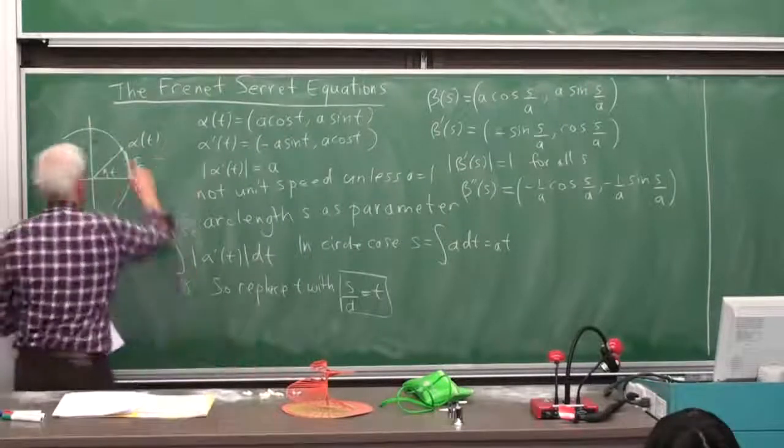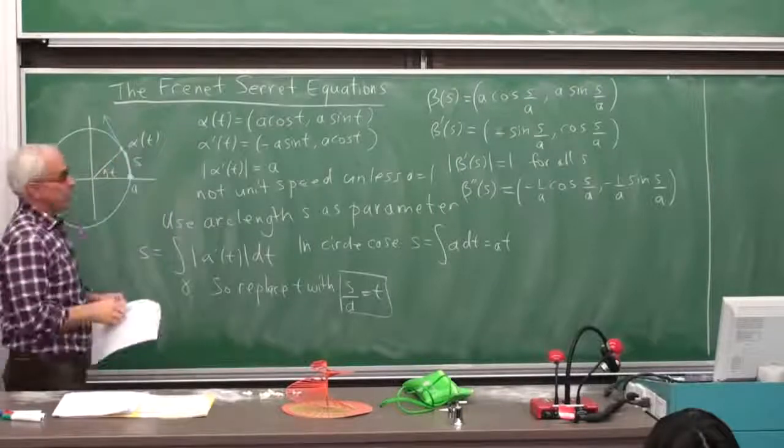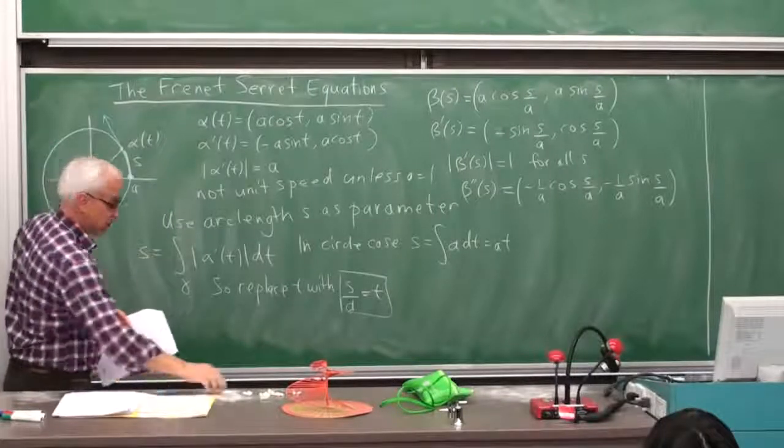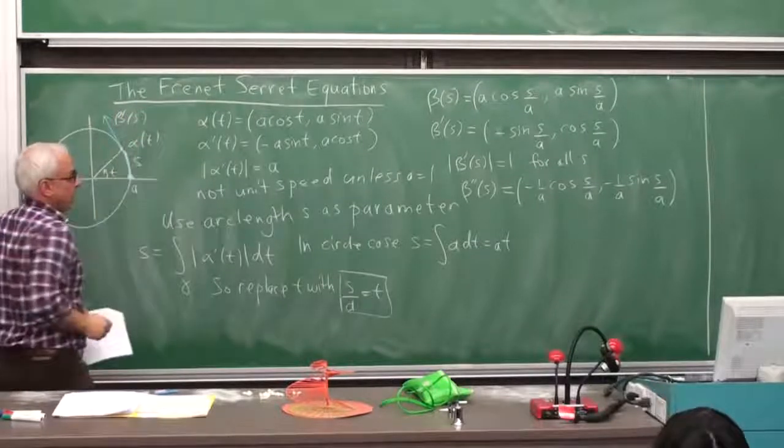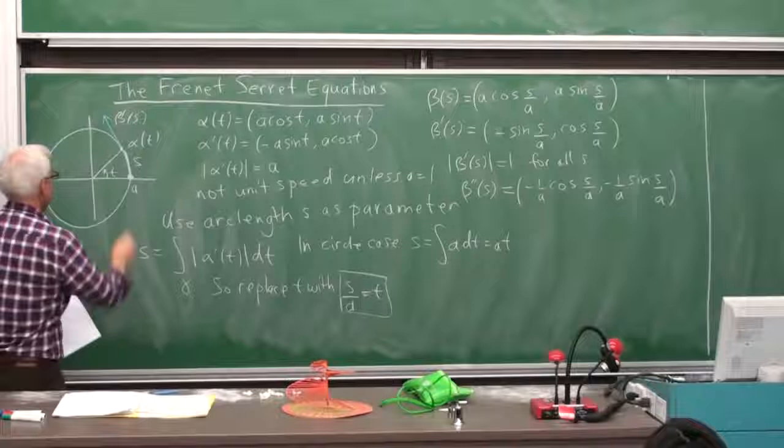So maybe our tangent vector, beta prime of s, and then beta double prime of s will be in this direction.